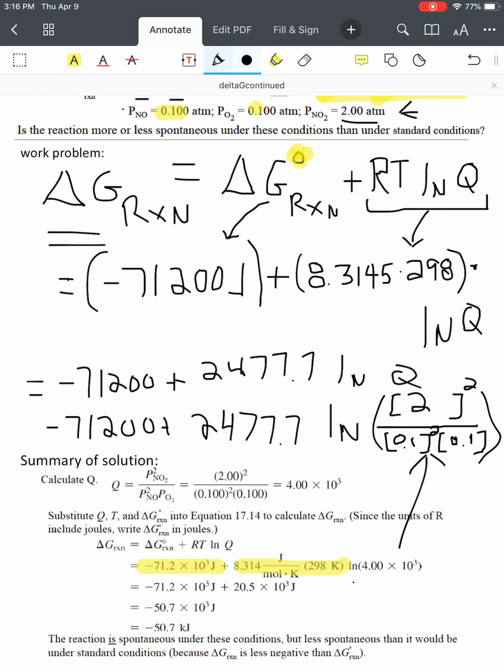Take the natural log of that, multiply by RT. You get 20.5 times 10 to the third joules. Add that together with our delta G0, and lo and behold, you get a negative 50.7 kilojoules.